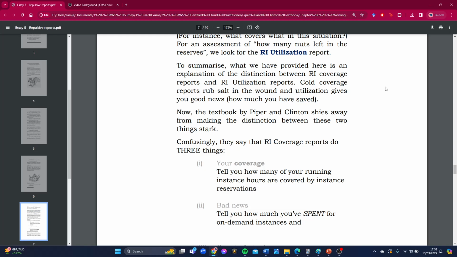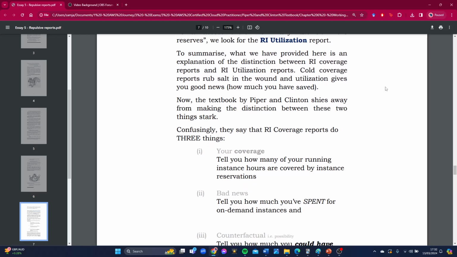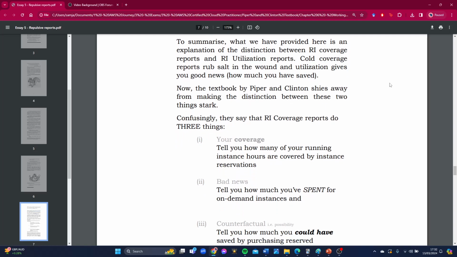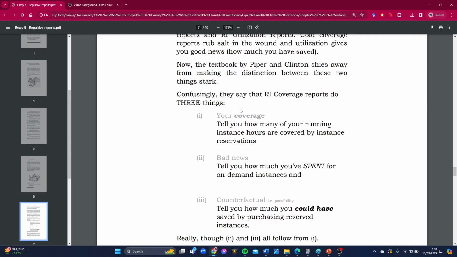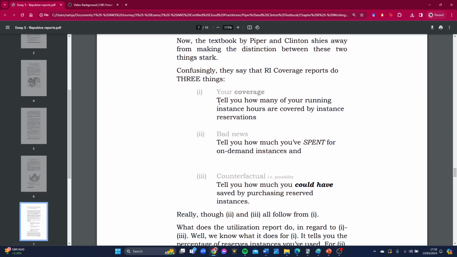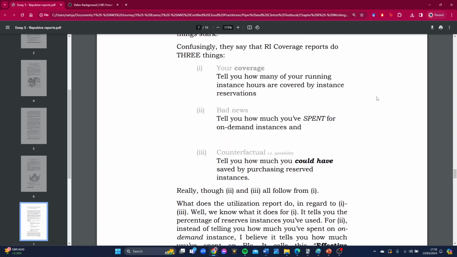Now, the textbook by Piper and Clinton shies away from making the distinction between these two things very stark. Confusingly, they say that reserved instance coverage reports do three things. One, tell you how many of your running instance hours are covered by instance reservations. Two, tell you how much you've spent on on-demand instances.